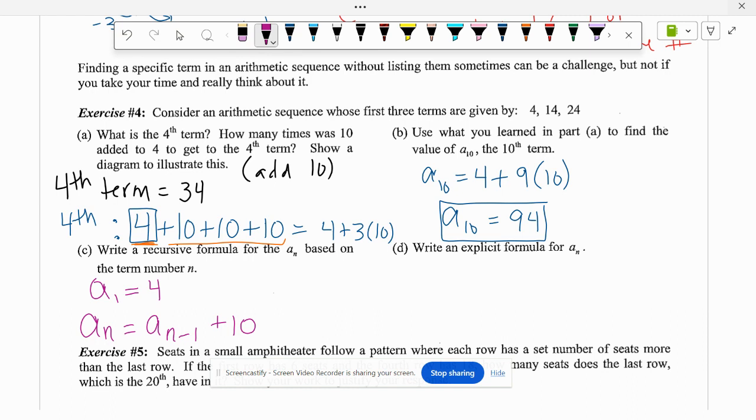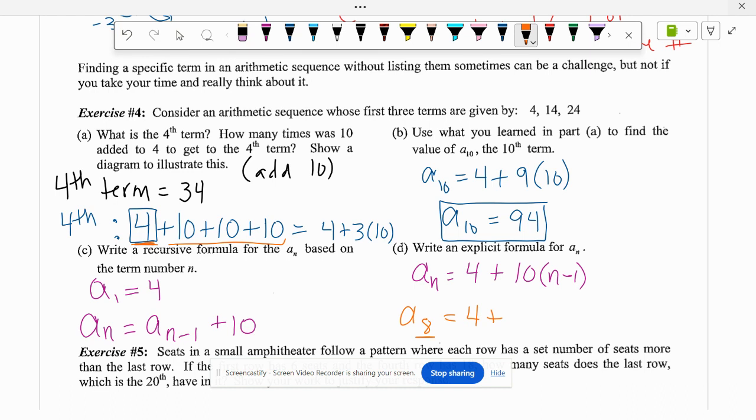If I want to write the explicit formula for A sub n, well, my first term, 4 plus 10 times the term before it, right? 10 times the term before it. So think about what we did, because I just want to show you why this works. If I want the 8th term, I take 4 plus, so the n value that I'm looking at is 8.